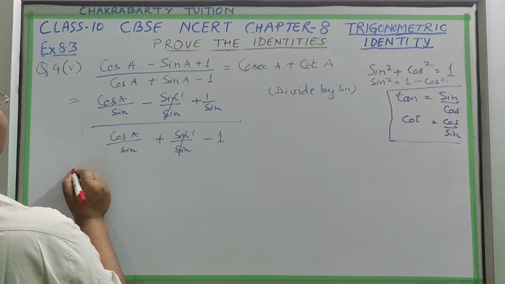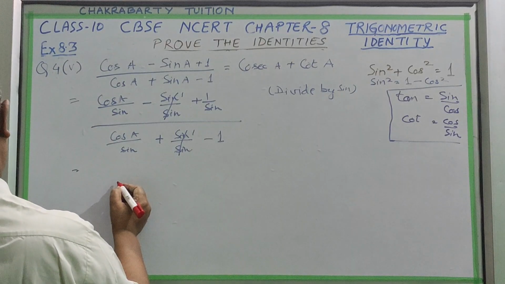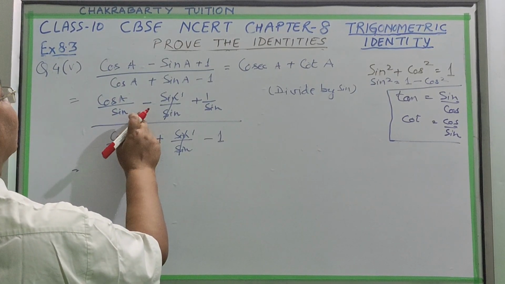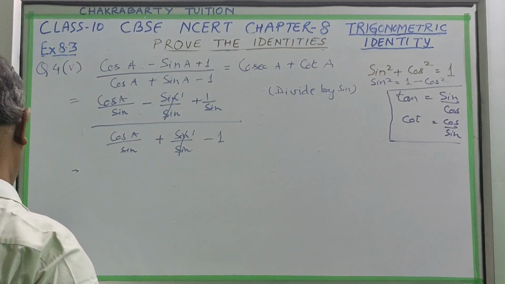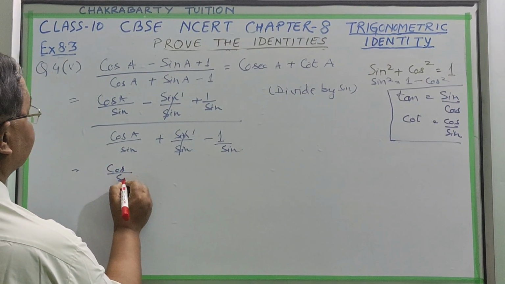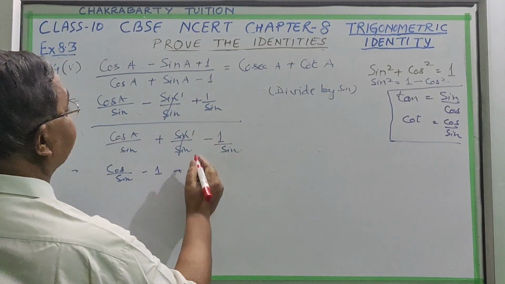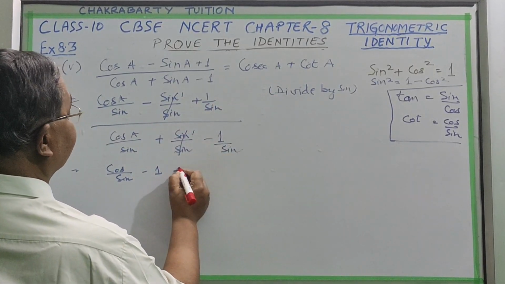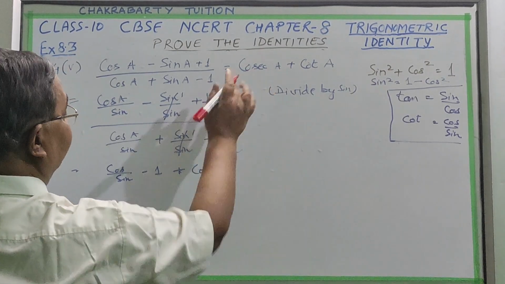So how is it going? Cos upon sine, so 1 will come. Cos upon sine minus 1, and 1 upon sine, sine's opposite is your cosec. So we can write it as cosec.